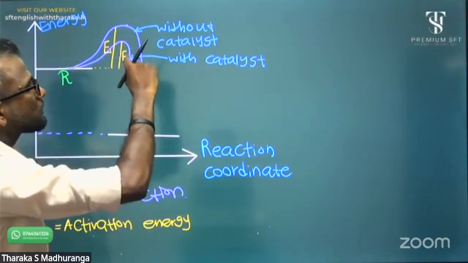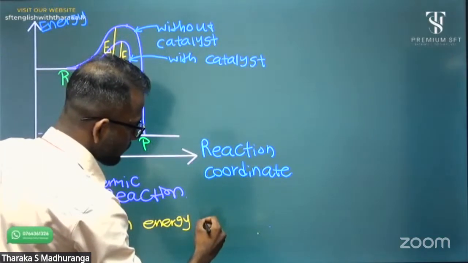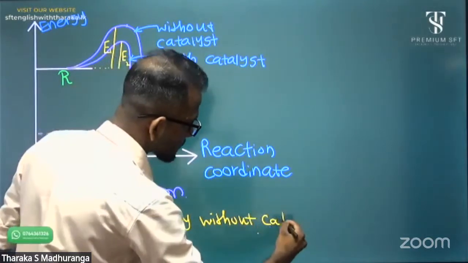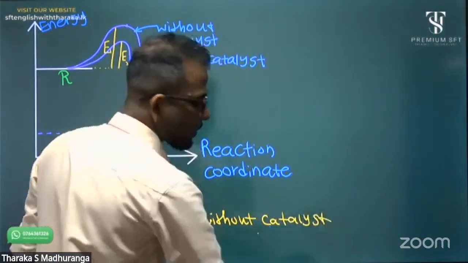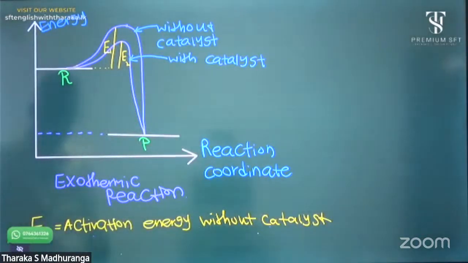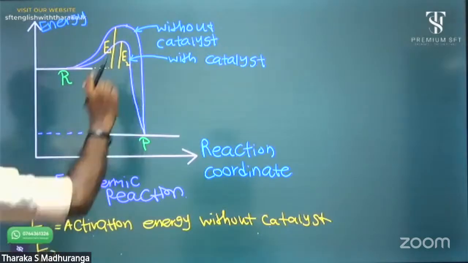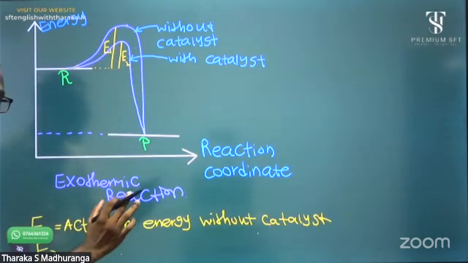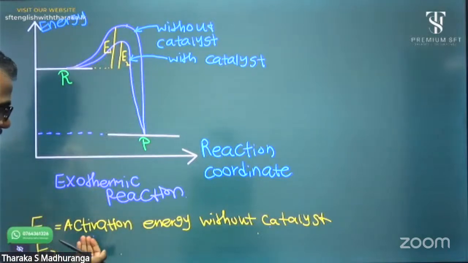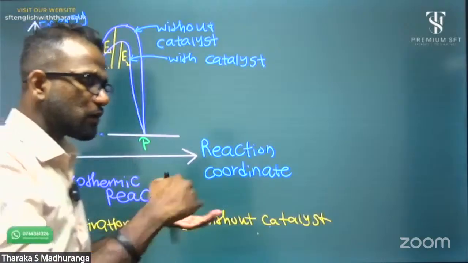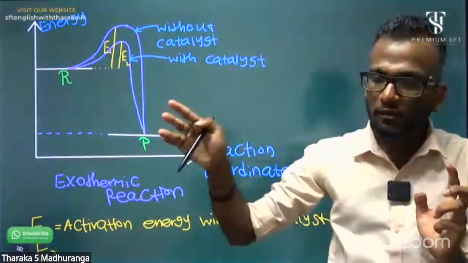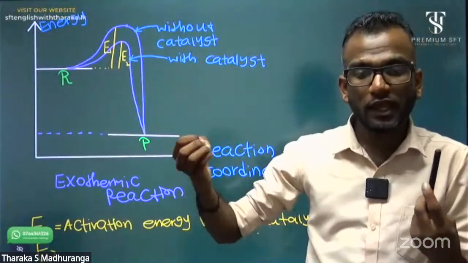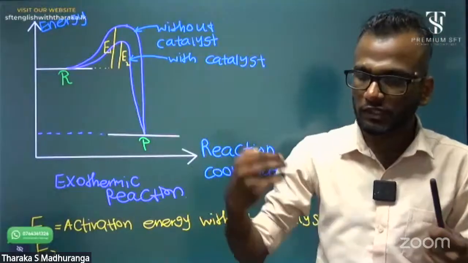The activation energy is greater without catalyst. E2 means less activation energy with catalyst. Actually, that's the purpose of adding catalyst. It produces a new path, new progress with less activation energy. Then more molecules can participate in the reaction due to less activation energy. Got it?